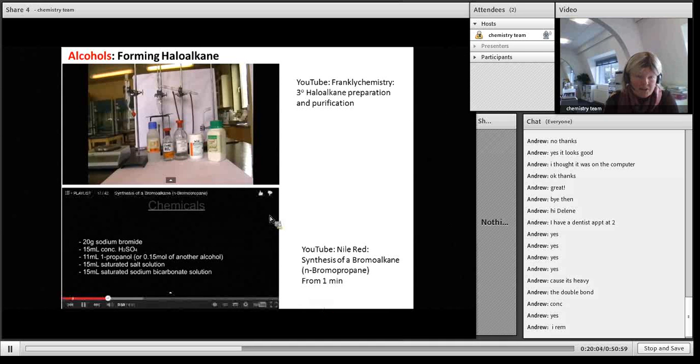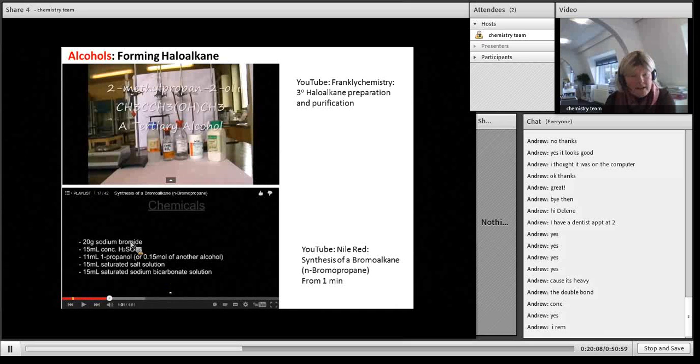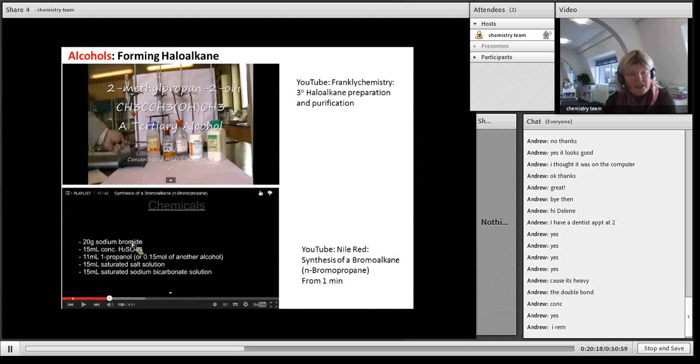I'll just stop it here so you can see what's happening. We want to add HBr to make the Br add on, but HBr is a very dangerous chemical, so you make it in the mixture, and so that's what these first two reagents are.